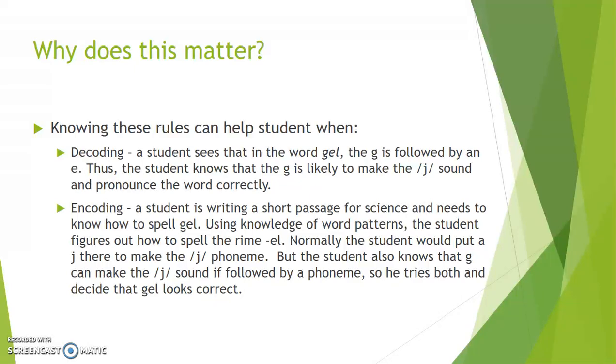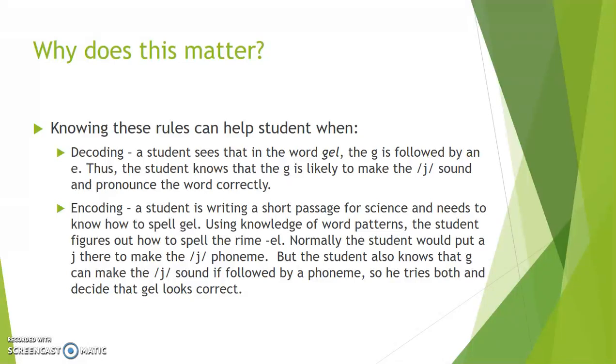So normally the student would put a J there to make the J phoneme, but that student also knows that G can make the J sound if followed by the phoneme made by that E. So he tries both and decides that G-E-L looks correct. So using these generalizations will help students in both their decoding and their encoding.